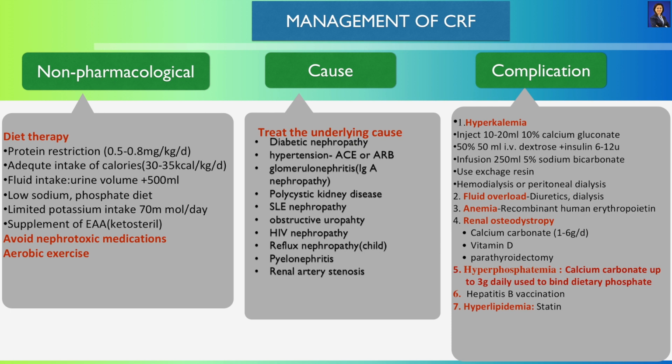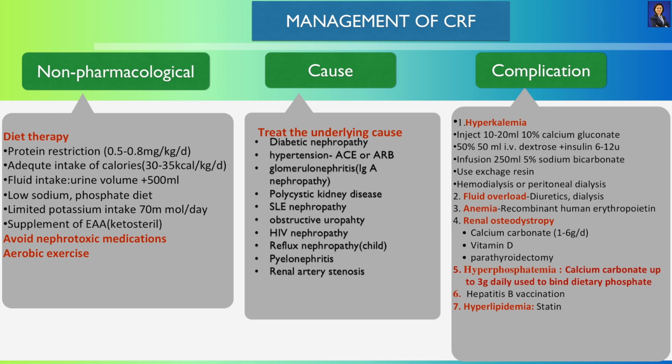In the complications, if the patient is complicated with hyperkalemia, you need to start lytic cocktail therapy or hemodialysis. If the patient has persistent hyperkalemia or fluid overload, diuretics will work. If persistent fluid overload, dialysis will work. In a patient with anemia, initially iron therapy.